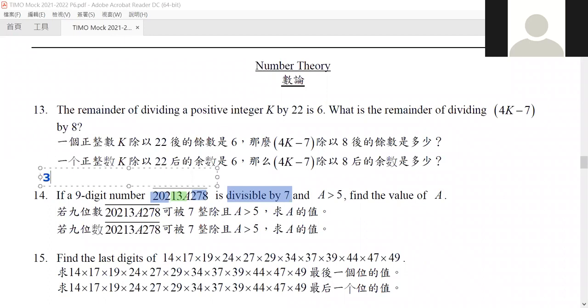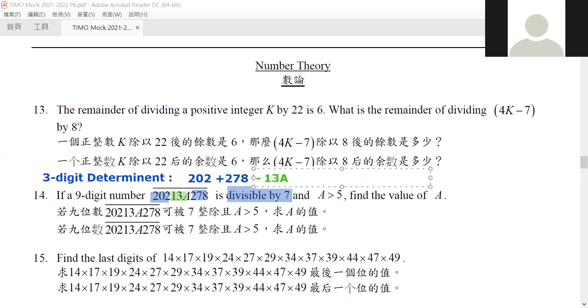So what is the meaning of the 3-digit determinant? It says the following. If this 9-digit number is divisible by 7, then if we add all the numbers in blue and subtract all the numbers in green, we get a number that is also divisible by 7.